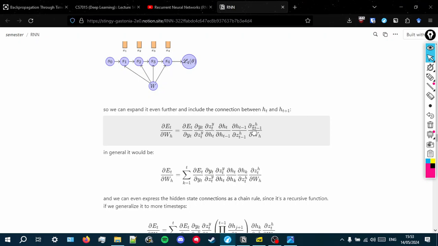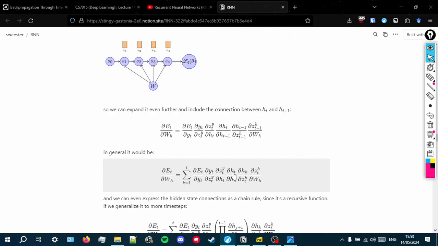So in general, doing a summation, we're going to have the same first three components, but once we get to h of t, we have to be looking at h of t with respect to h of k, and h of k with respect to its own z of h, and z of h with respect to Wh. So we're going to have this summation from k equals 1 to t.